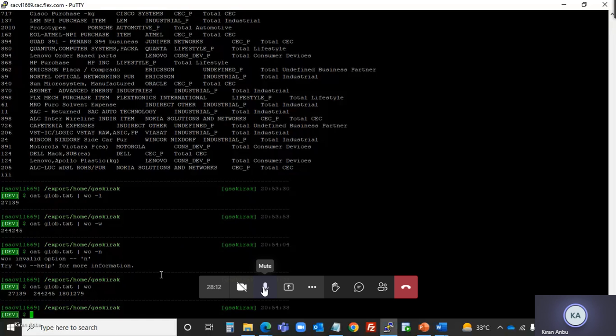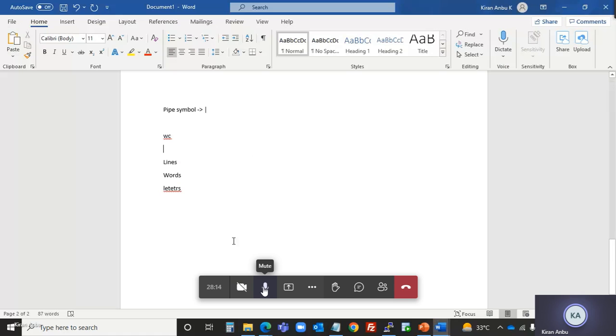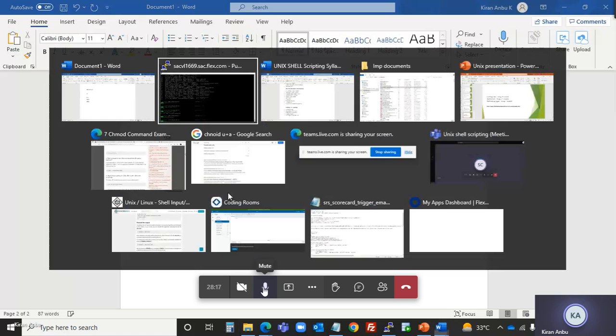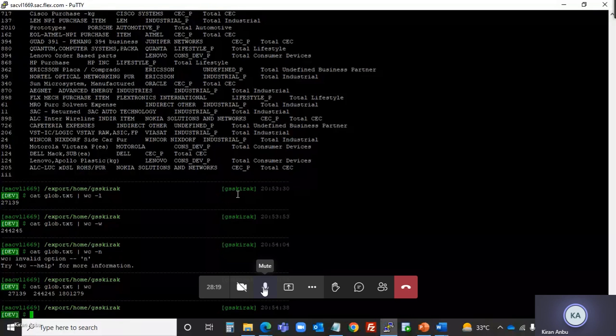So that's the reason for the pipe. For a lot of examples and situations you use this pipe symbol. With a single command, like ls or cat, you don't see a good use of Unix.